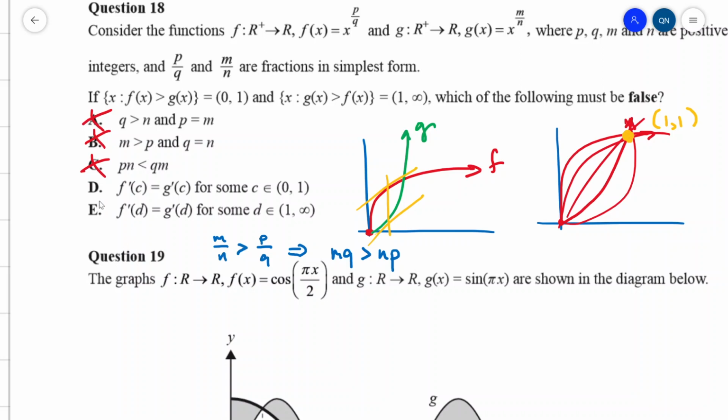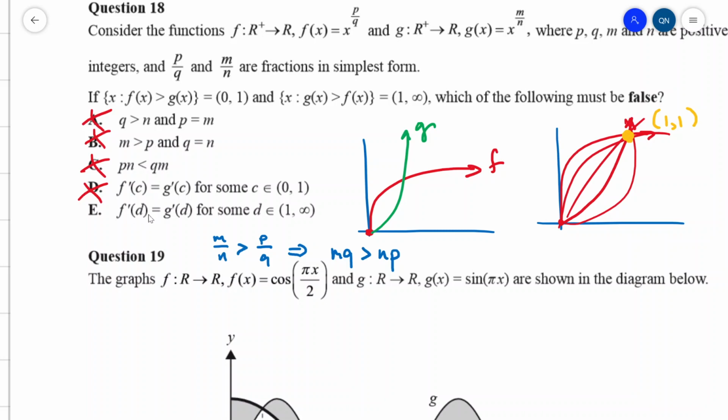So D is definitely true. You can also draw a similar picture for a square and a cube or something like that, and this also holds, because you can find some gradients that are equal to each other. So it's not going to be D, and it's got to be option E.